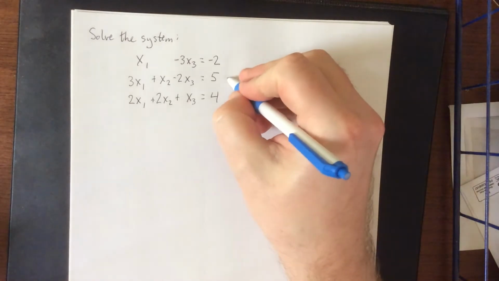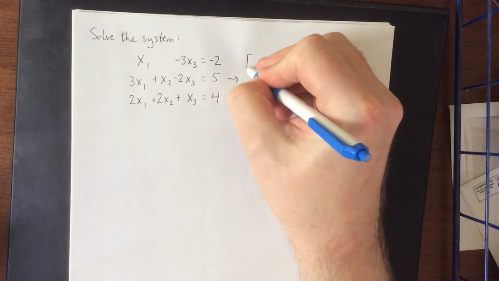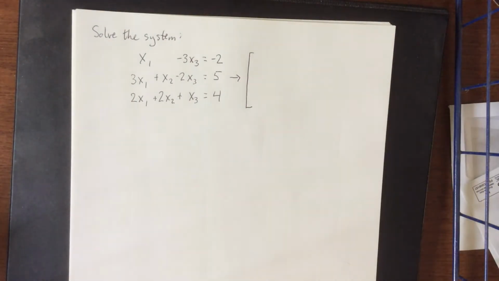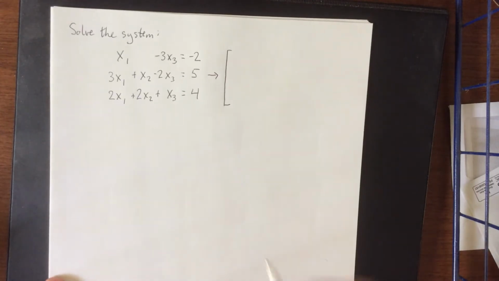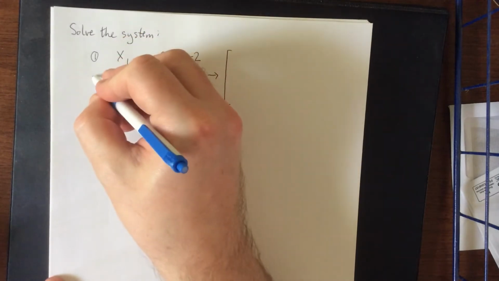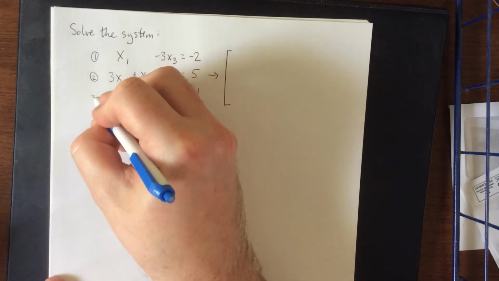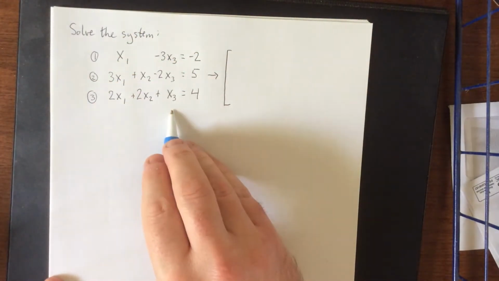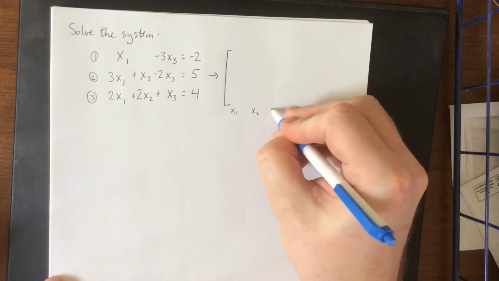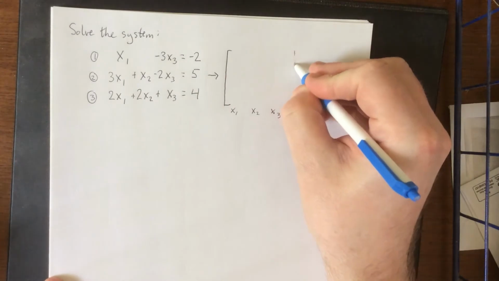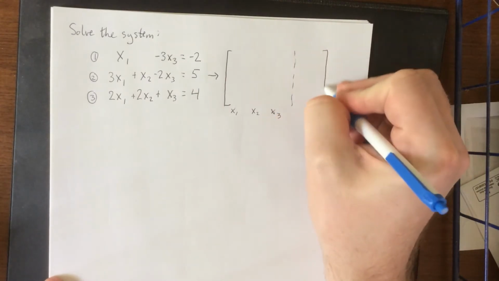Once again, we're going to be using a Gauss-Jordan row reduction for this. As such, I would like to begin the process by converting to an augmented matrix. Here we have three equations, and we have a total of three variables plus an augment. These will refer to the coefficients of x1, x2, and x3, followed by what they're equal to.